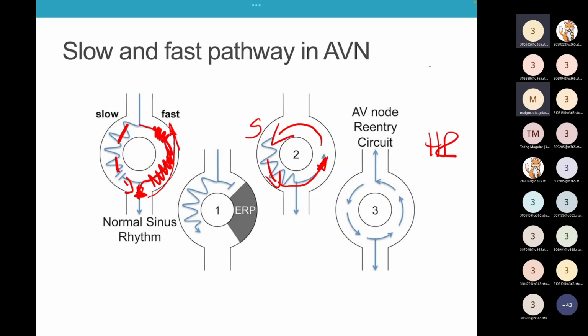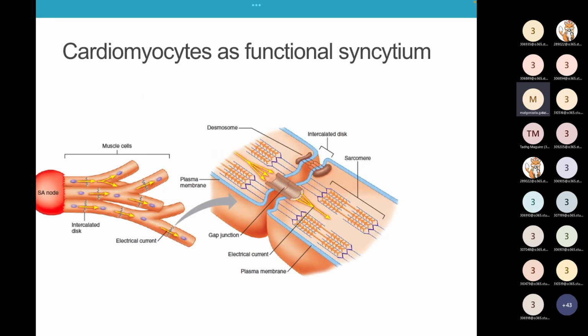I think it's clear. Okay, so once the action potential propagates along the conduction system of the heart, it reaches the cardiomyocytes of the atria or the ventricles. Now this action potential must be, let's call it transferred, must propagate to the cell membrane of cardiomyocytes, because the cells of the conduction system of the heart lack contractility.